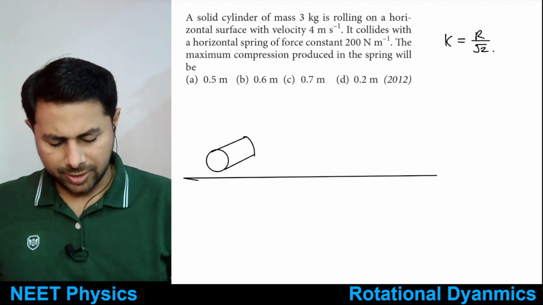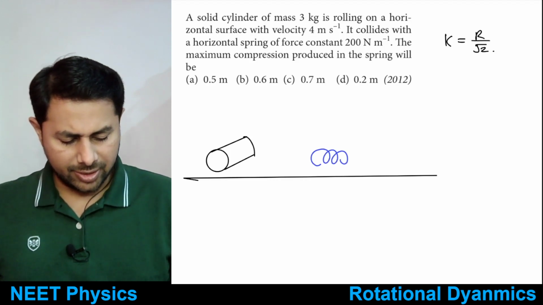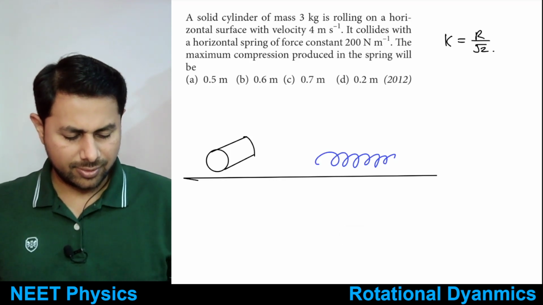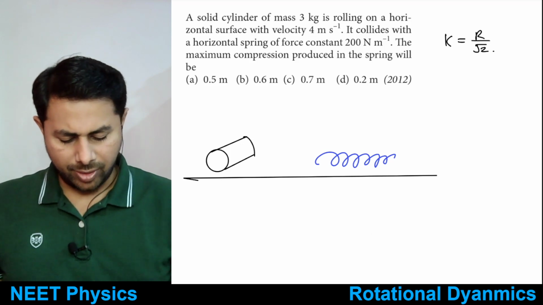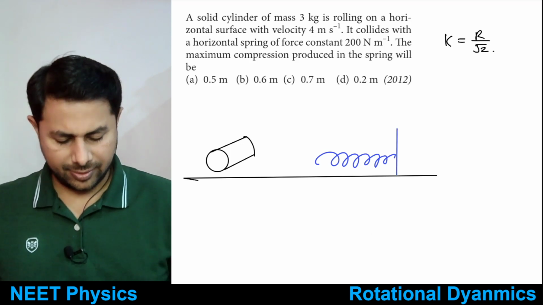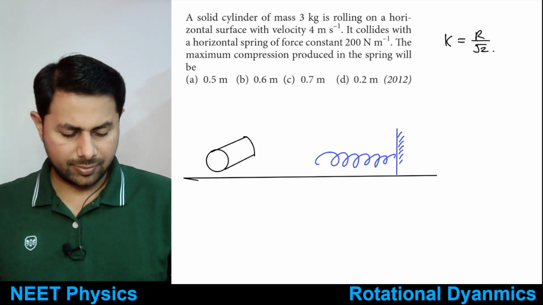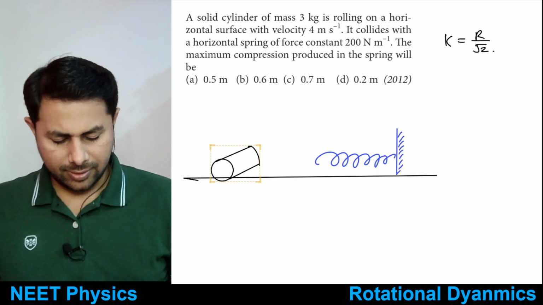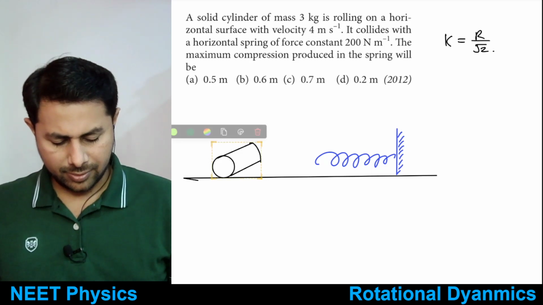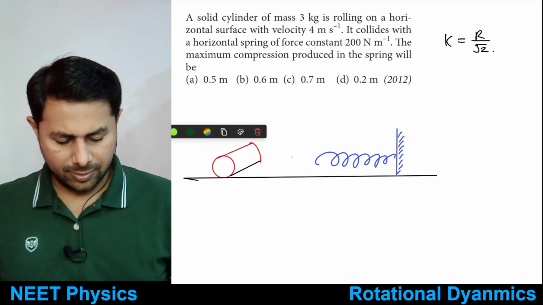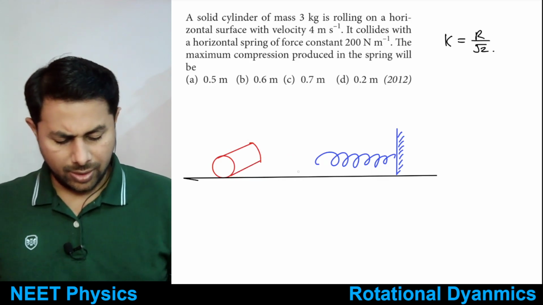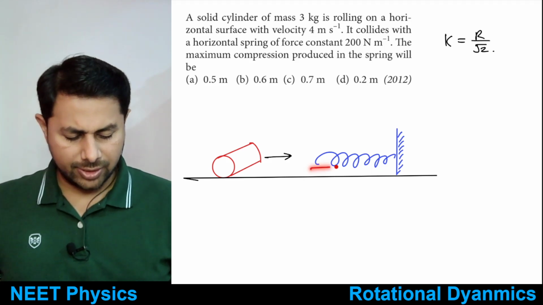So it collides with the spring, suppose, and then there would be some compression in this spring. So this is the rigid support. Right? So now the question is, how much is the compression.